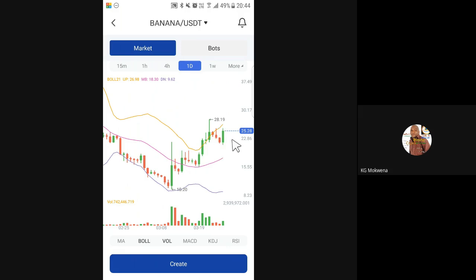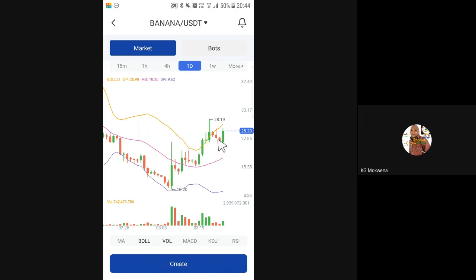So maybe you are not sure what you want to do with this kind of market. Can you see that this happened under the daily time frame, between the upper band and the lower band? What does it mean? It means anything can happen, even in the middle.